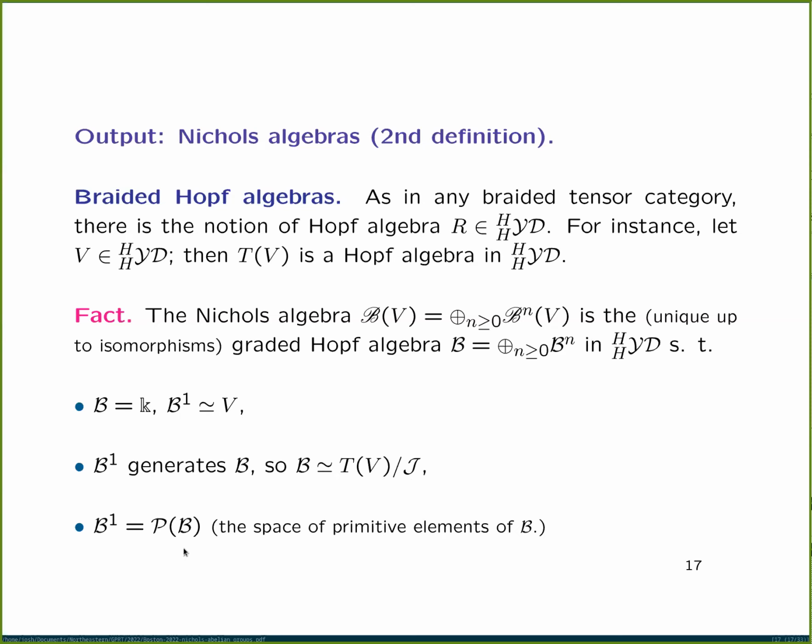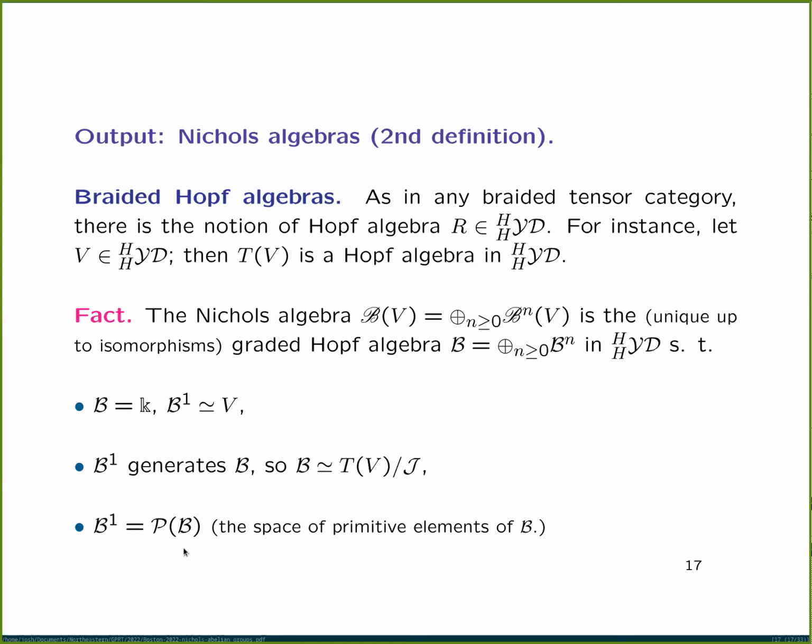Because if you have an element b, then delta of b to the p is b to the p tensor 1 plus 1 tensor b to the p by the binomial formula, in which the binomial coefficients will vanish. And therefore, b^p should be 0 in the Nichols algebra, because otherwise you get too many primitive elements.